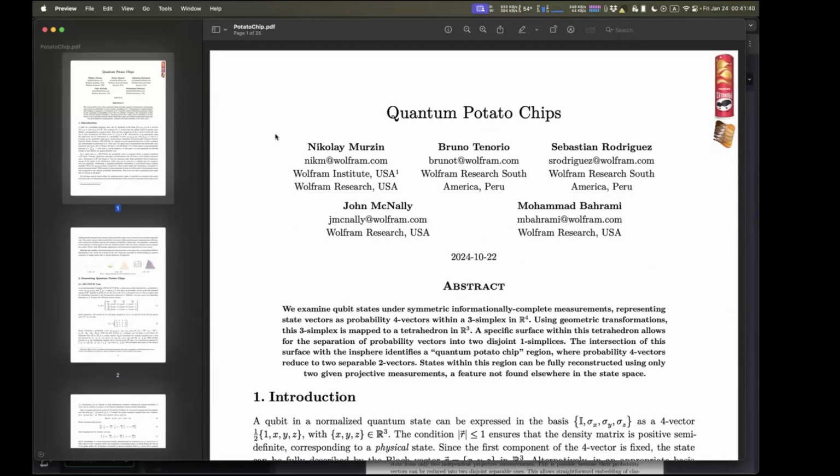Okay, so this is not just a computational experiment, a quantum computational experiment. It's also an experiment of paper writing, because we were so used to writing computational essays. This is a Stephen Wolfram way of talking about how this kind of thing has to be written.